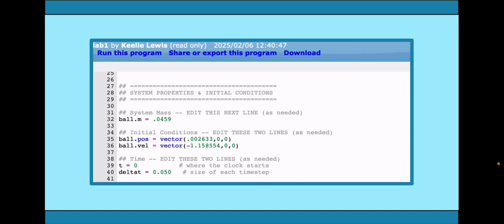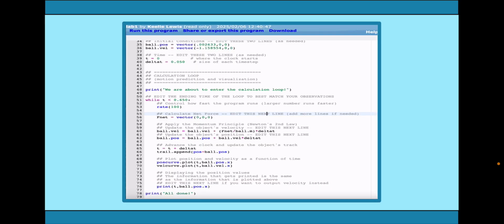I also changed the interval of time because my data is collected in 0.05 seconds. And I also changed the time right here to the last point of data that my Tracker collected, which was 0.65 seconds. And then I've also inputted the formulas, which I talked about previously, after I collected the data from the Tracker and from GlowScript.